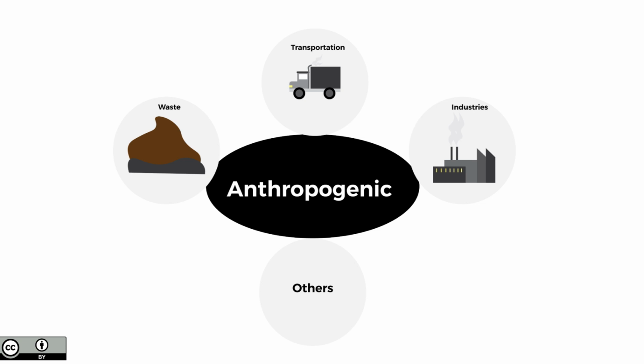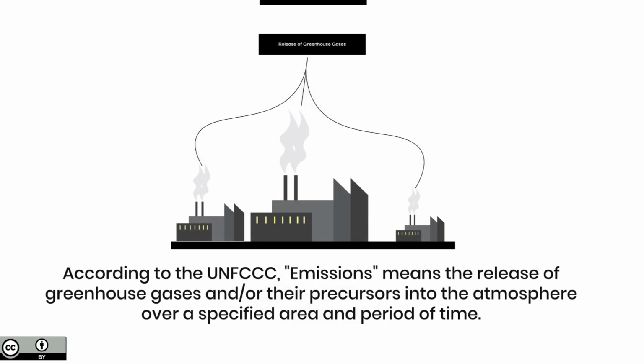Anthropogenic means the consequence or result of human activity, or things that have been generated by humans. So, anthropogenic climate change refers to human-caused global warming. This is as a result of human-caused emissions. According to the UNFCCC, emissions means the release of greenhouse gases and/or their precursors into the atmosphere over a specified area and period of time.